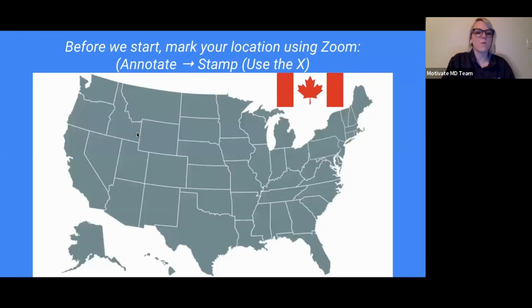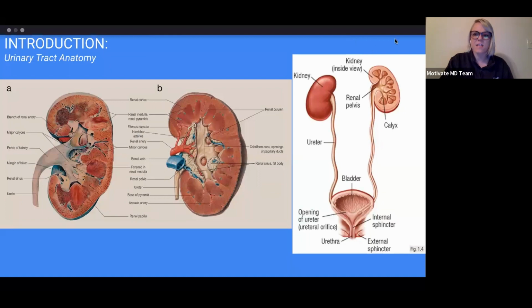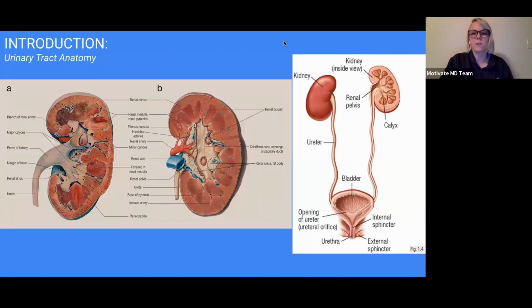So the first thing that we're going to talk about is this idea of urinary tract anatomy. And we talked a little bit about this last week when we talked about acute kidney injury, last week meaning last time you guys saw me. This is the same image that I gave you. We talk about 2 different parts of the kidney: the renal cortex and the renal medulla.